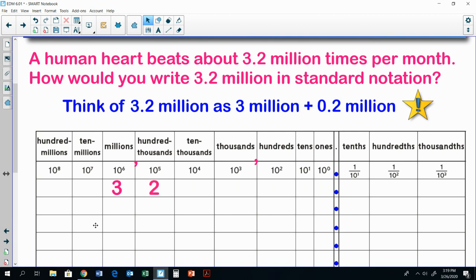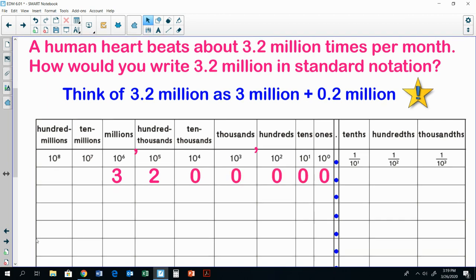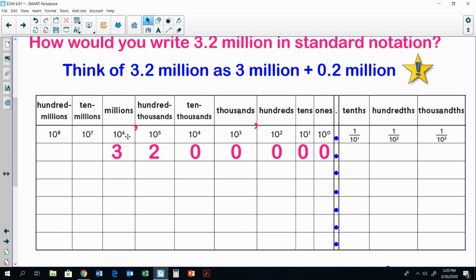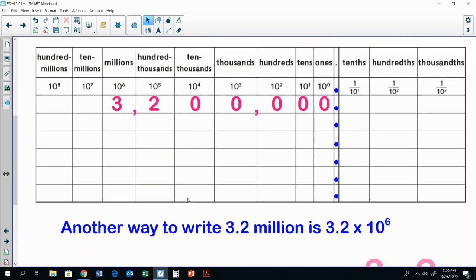So we'll put a 2 in the 100,000s place, and then the remaining places we'll put in zeros to hold those places. We'll bring our commas down just to make it a little easier to read. So in standard notation, this is how we would write 3 2/10 millions: 3 in the millions place, 2 in the 100,000s place, and then we have zeros to hold the remaining places.